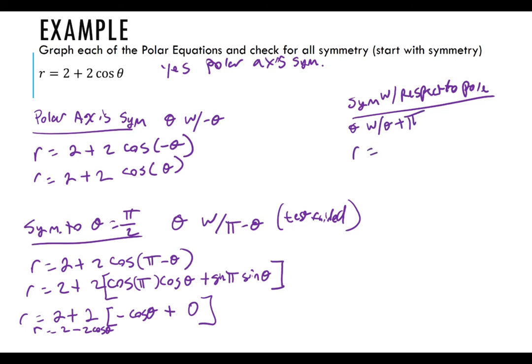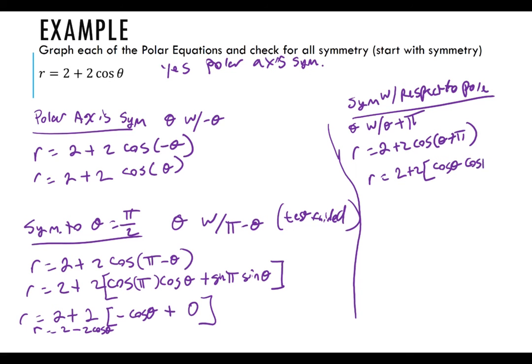And so that's going to be r is equal to 2 plus 2 cosine of theta plus pi. Then using the cosine identity, we get r is equal to 2 plus 2 times cosine theta cosine pi, plus gives negative, sine of theta sine of pi. And so then that's going to be r is equal to 2 plus 2.